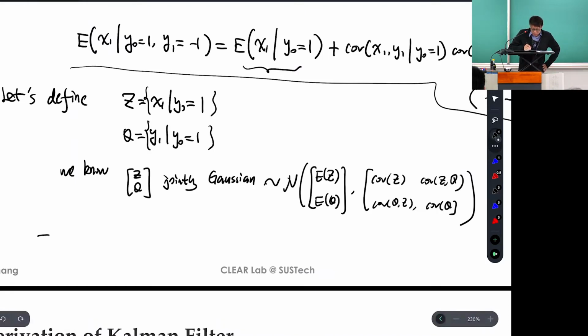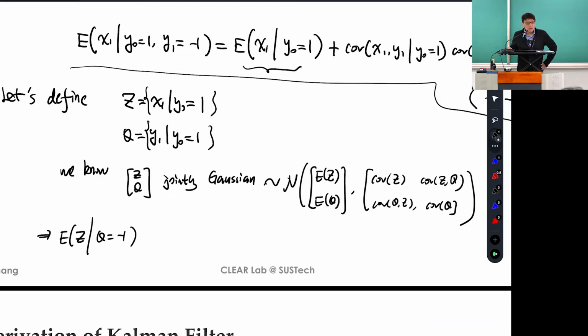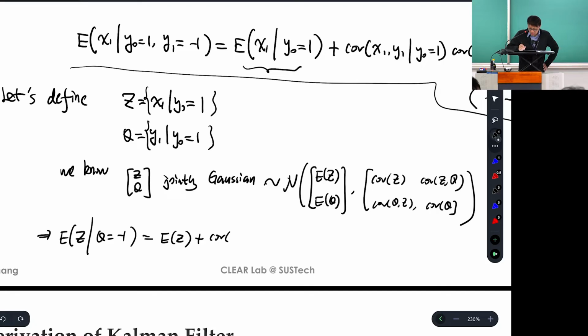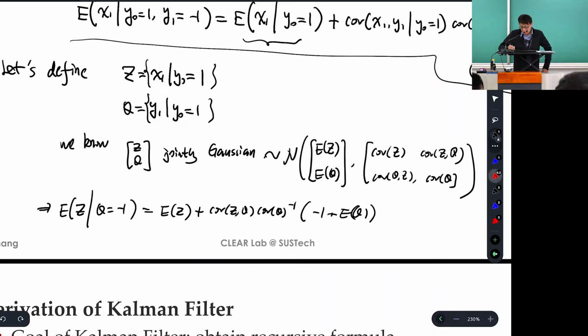Now what I'm asking you is the expectation of z given q equal to -1. What is it? Very simple now, right? It's the expectation of z unconditioned plus covariance of zq, covariance of q inverse, and -1 minus expectation of q. Okay?